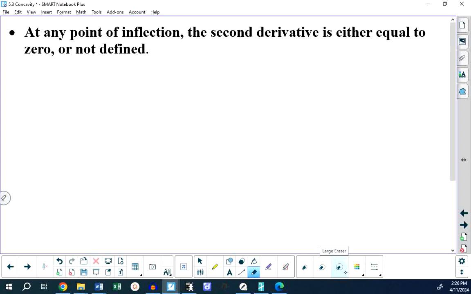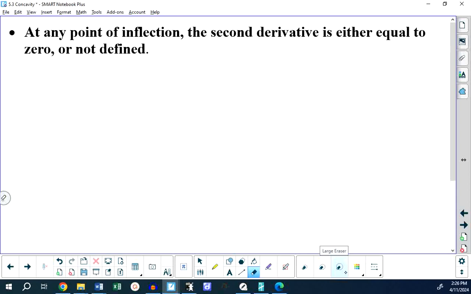Just like if the first derivative is 0 or undefined, the point might be a maximum or a minimum. If the second derivative is 0 or undefined, the point might be an inflection point. Just like every max or min is at a critical value of x for the first derivative, every inflection point will be at a critical value of x for the second derivative.